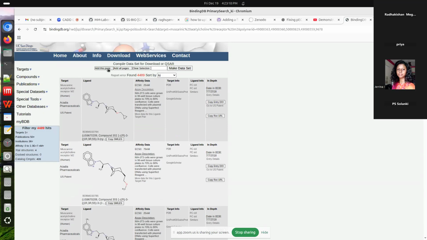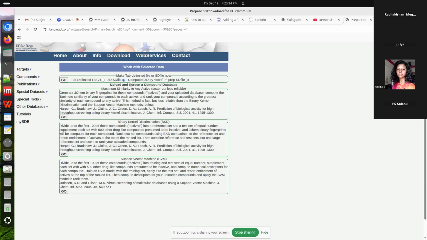I'm going to add this page and then make a data set. After that, it will ask whether you want a 2D file or a 3D file. For doing QSAR, you have to use the 3D file. So click on 3D and then click go.